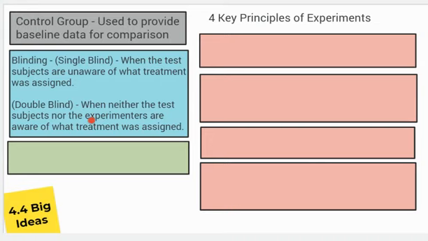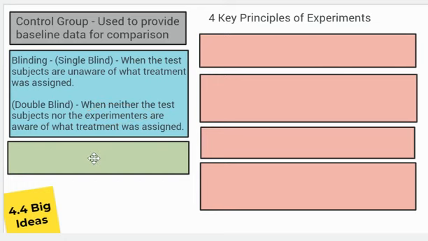And therefore, there might be a confounding variable that comes up because of that. So this is why it would be important to double blind and keep the test subjects in the blind and keep the experimenters in the blind as well. Now, one last thing about double blinding: somewhere it is recorded who got what treatment. But during the experiment, they don't know.